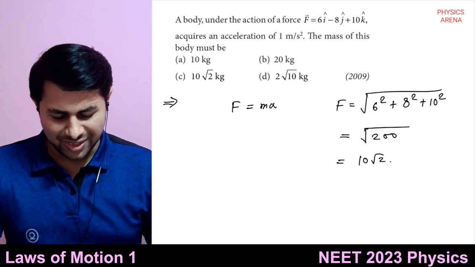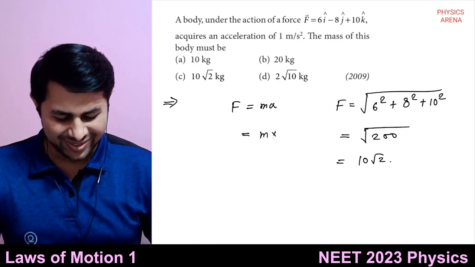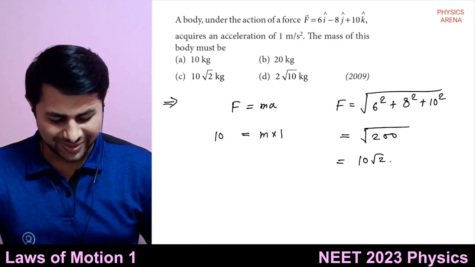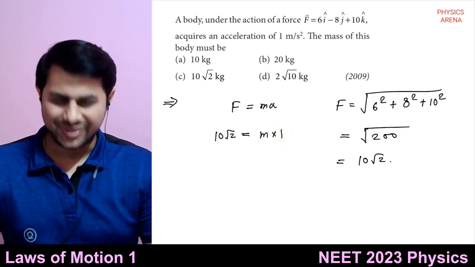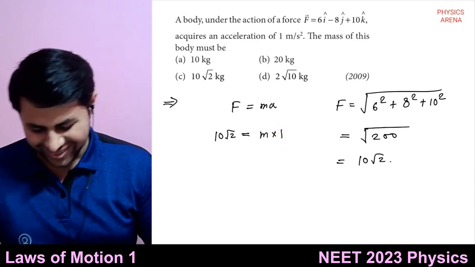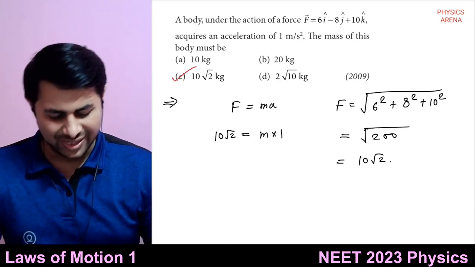So they should have at least given some value to acceleration, root 2 at least. Acceleration is equal to 1, that means force is equal to mass. Anyways, very simple question, 10 root 2 is the answer.